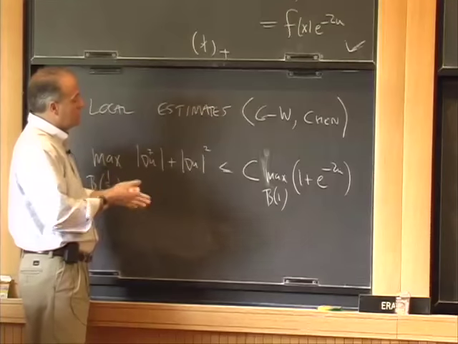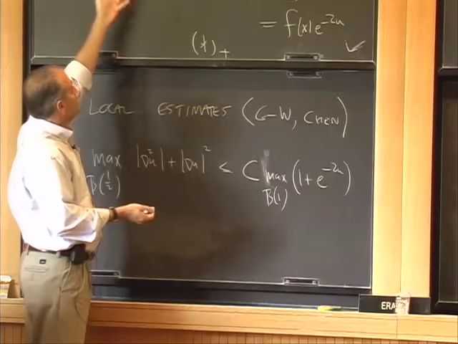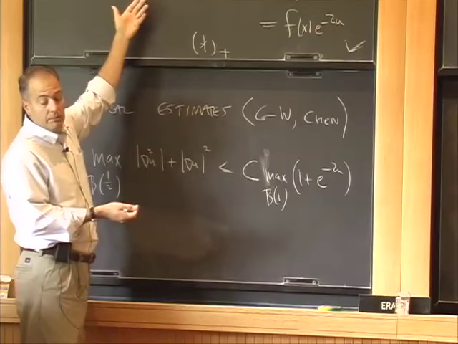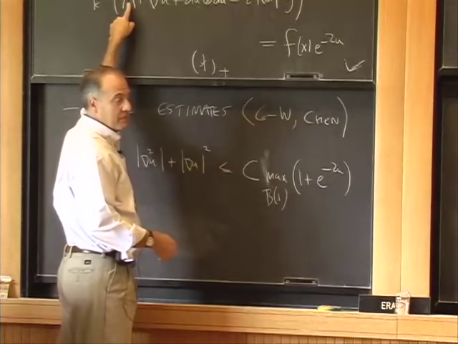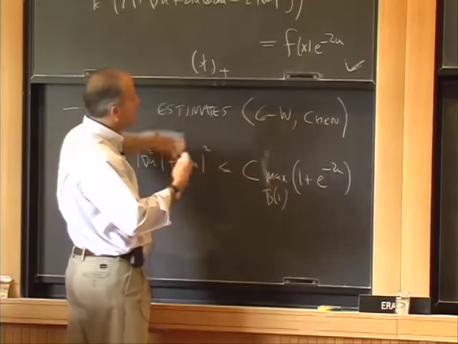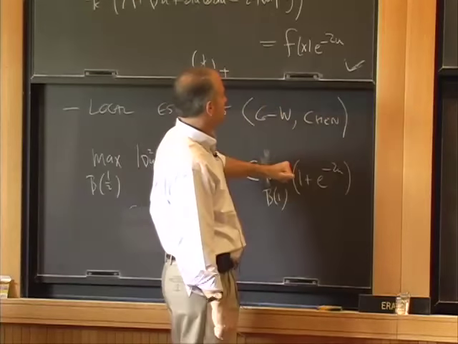You write down your equation and evaluate it at the minimum point of your solution. At the minimum point, this is positive semi-definite, these are 0 and drop out, and you use the fact that the Schouten tensor is in the positive k cone. So you're using in an essential way this ellipticity condition.